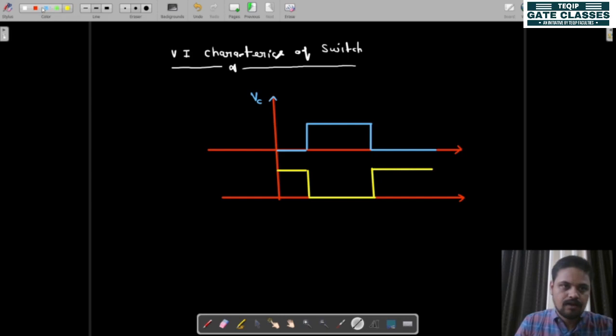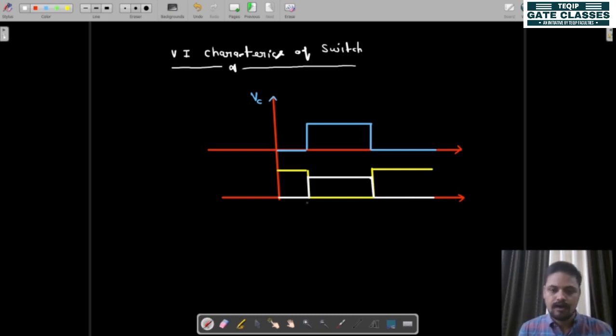In the same way, if you see the current, when signal is not there, current is 0, then it will build up and it is 0.